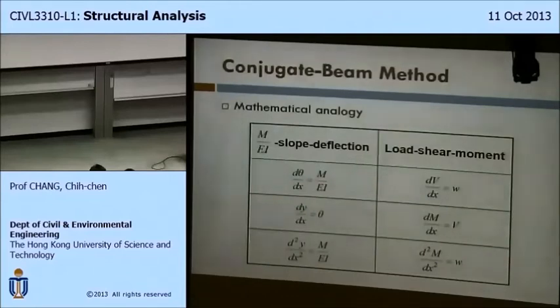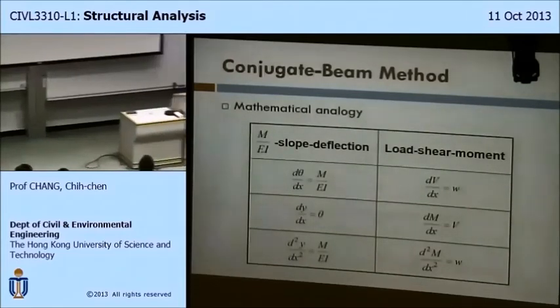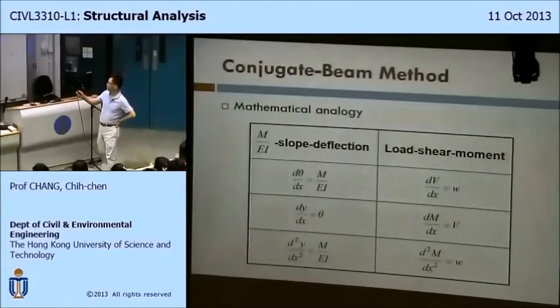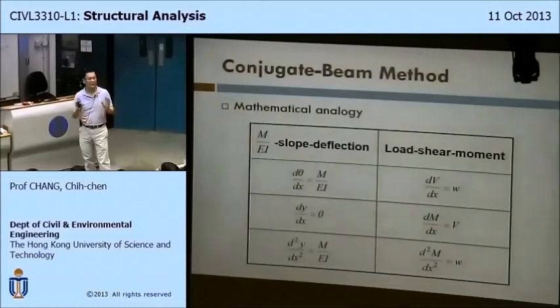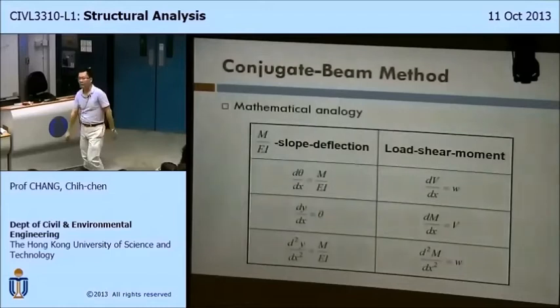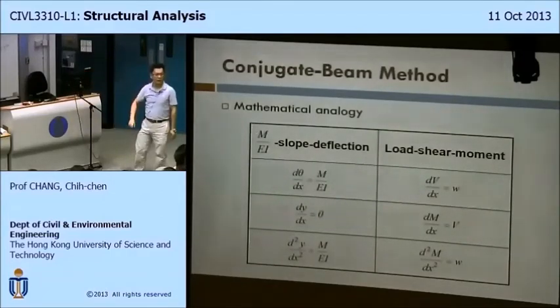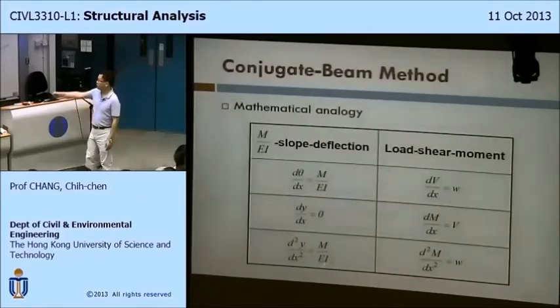So this technique is based on some sort of mathematical formula that we can identify, basically following two sets of relationships. We call it mathematical analogies. So there are two sets of formulas that we accidentally identify as mathematically equivalent. The first set of formulas is the moment curvature relationship.